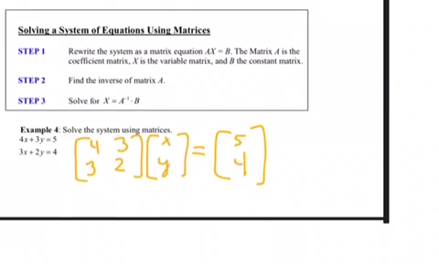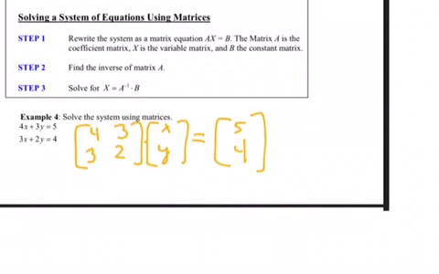All right. So in order to undo this multiplication, I need to multiply by the inverse of the 4, 3, 3, 2. Okay, so I'm going to have x comma y equal to 1 over the determinant.